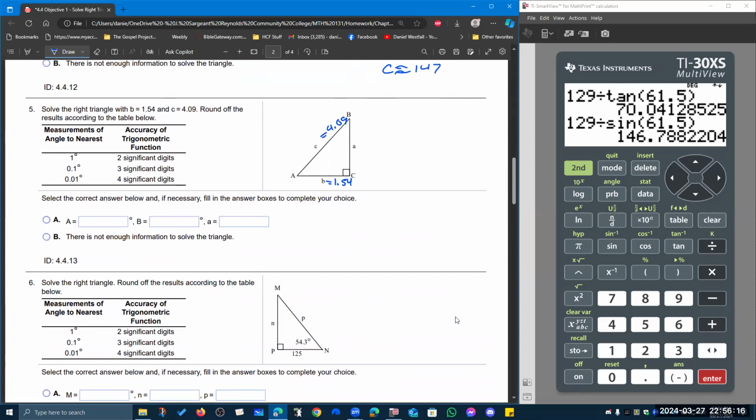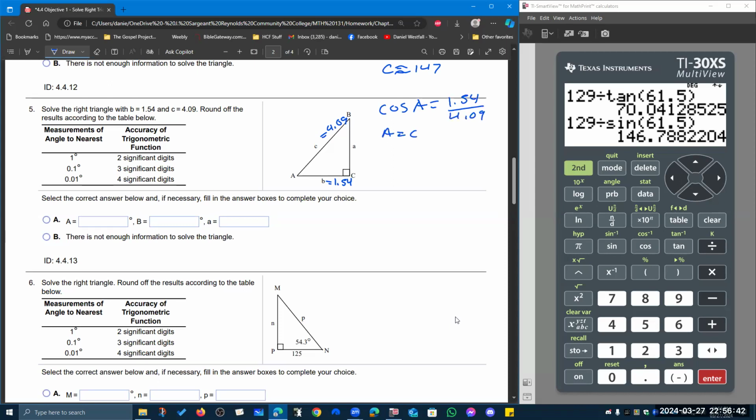Angle A, we don't have A or B, so we're going to have to use an inverse trig function here. We're going to have to say cosine of A is equal to 1.54 over 4.09.